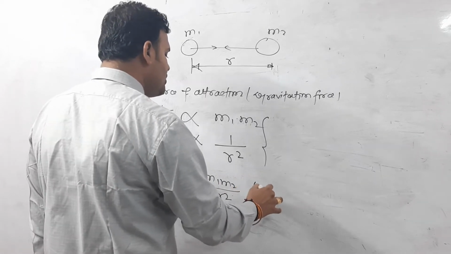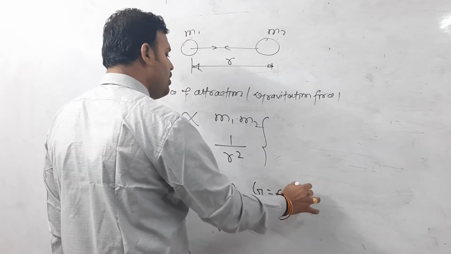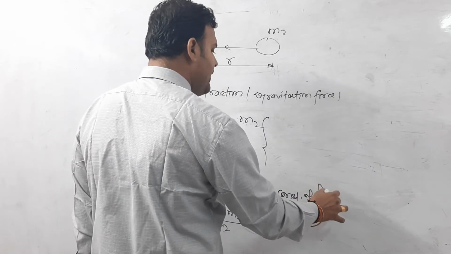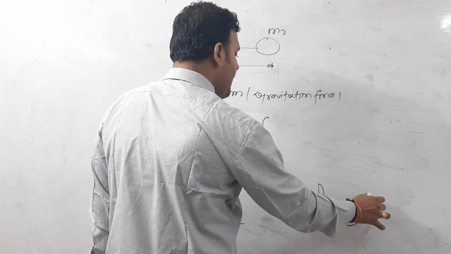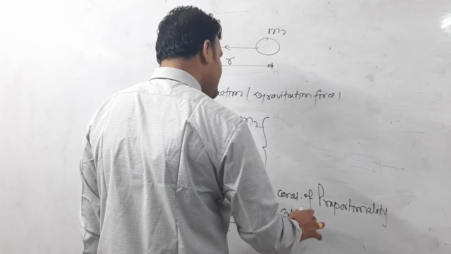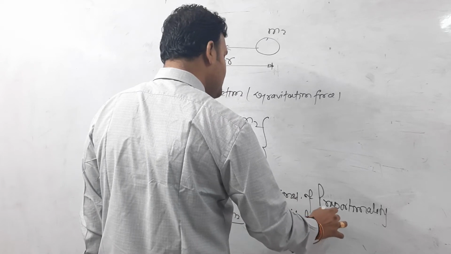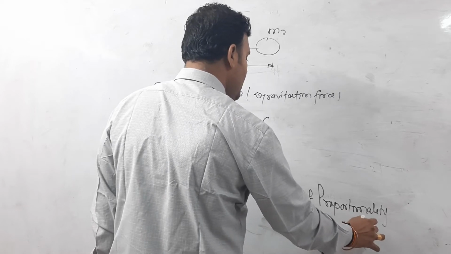So G here is nothing but the proportionality constant, but it is called the universal gravitational constant. So what is G, dear student? G is the constant of proportionality called the universal gravitational constant.